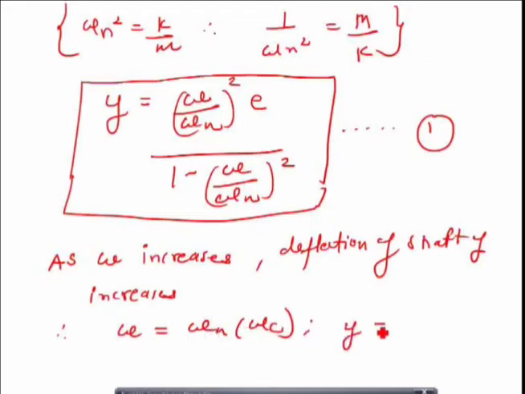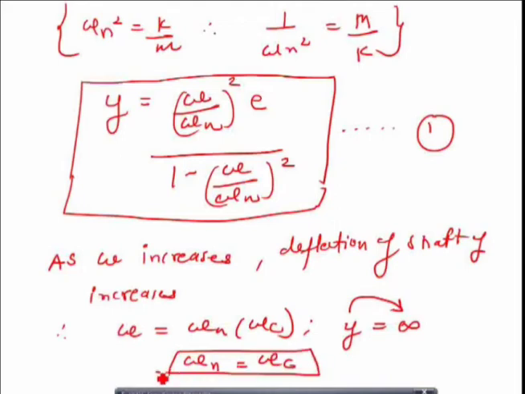This y will become infinity, right? And so we can say that the speed at which the deflection of the shaft tends to infinity, means the y approaches infinity, that speed is also called the critical speed or working speed, means your omega n is equal to omega c. Try to understand this. Okay, and the corresponding speed is called the critical speed.